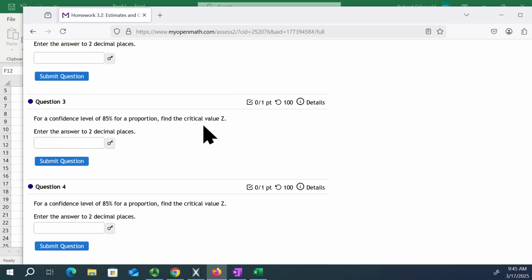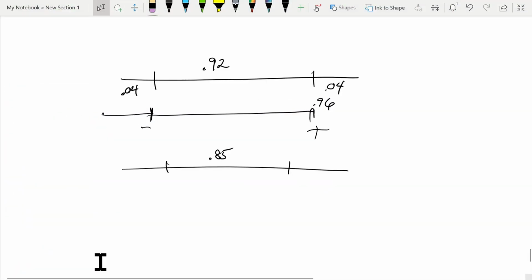Number 3 is for a proportion. It uses a z-score, the norm.s.inv. 85%. What am I going to look up? 0.85 in the middle. What's outside? 0.15.